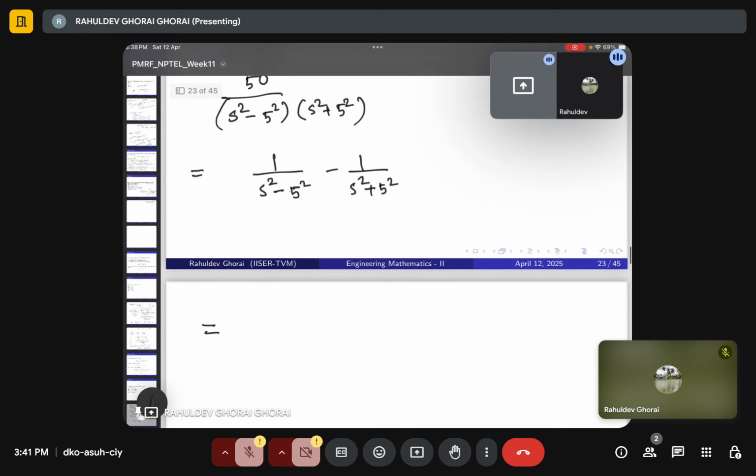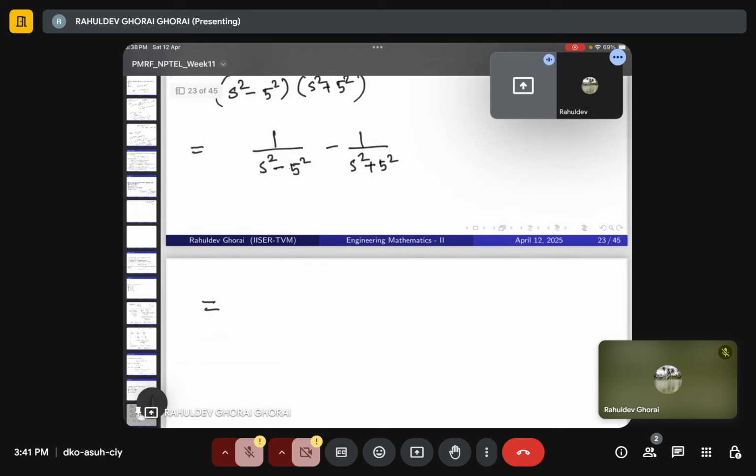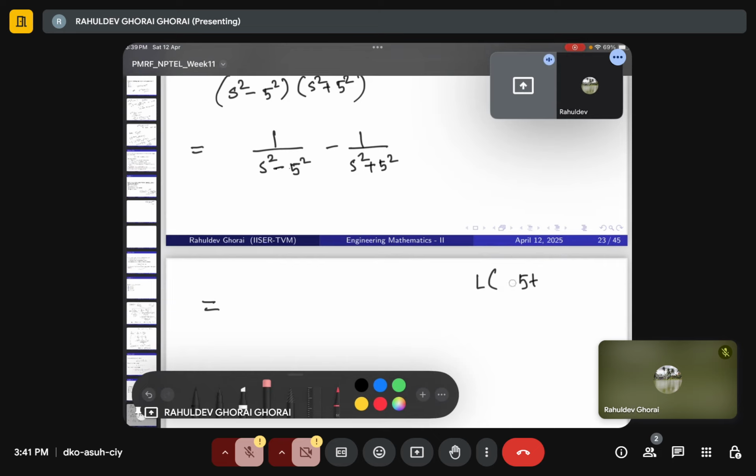See, s square plus a square, it is sine or cos form. S square minus a square, that you do not know. So what is L of cos of 5t? Sorry, not cos, you take sine, because cos has one s.